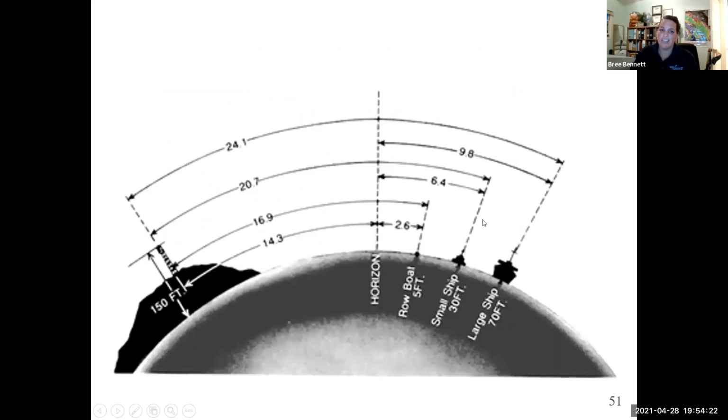So here's our example of geographic range. For our light here, we are saying the light is 150 feet. So the horizon of the light is this far, that if I'm somewhere right here, right on the surface of the water, I will just be able to see the light at 14.3 miles.